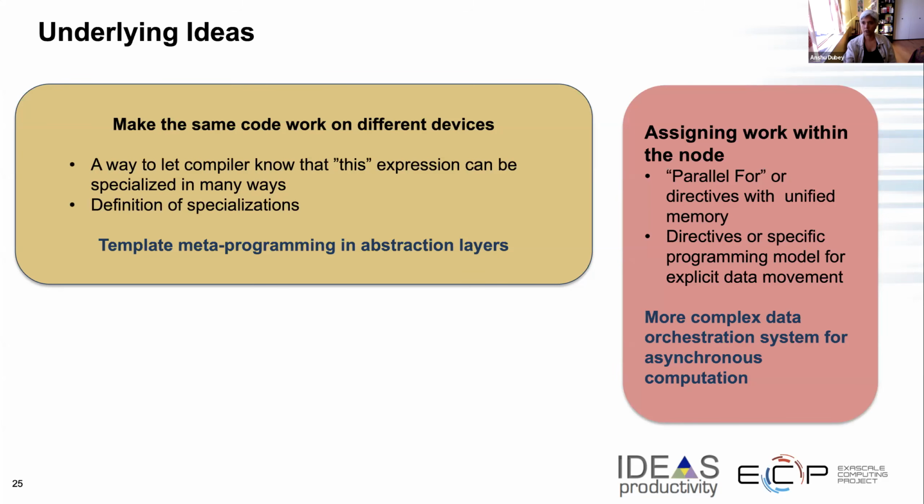A lot of what the abstraction layers are also providing functionality for is how to assign work within the node. So they provide parallel for constructs, or they provide ways through which directives can be used with unified memory. Or if unified memory is not being used, then directives or a specific programming model that can do explicit data movement.